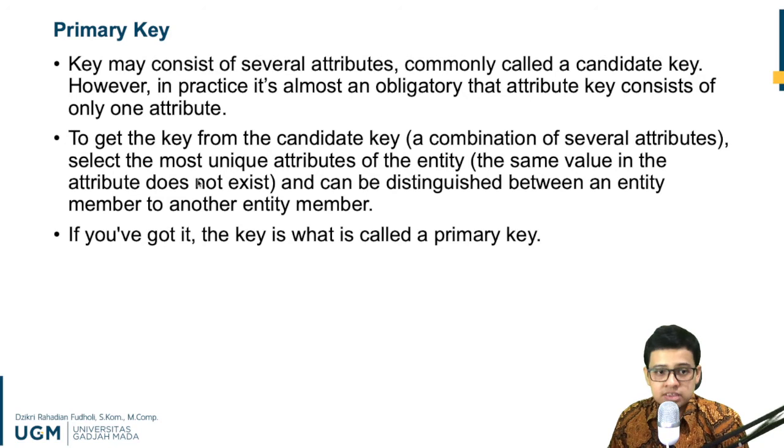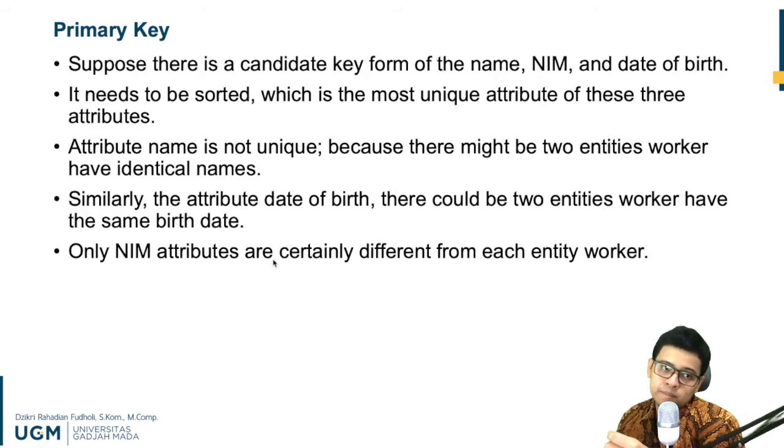So here we see that the most unique attributes of the entity, that's the way to find the primary key. If you can get one attribute which is the most unique, maybe ID or name and gender, for example, then we can use that as primary key.